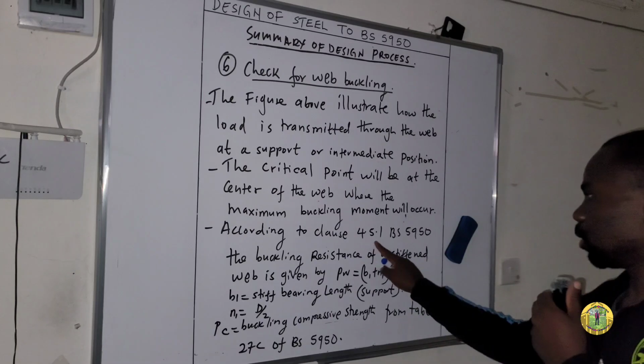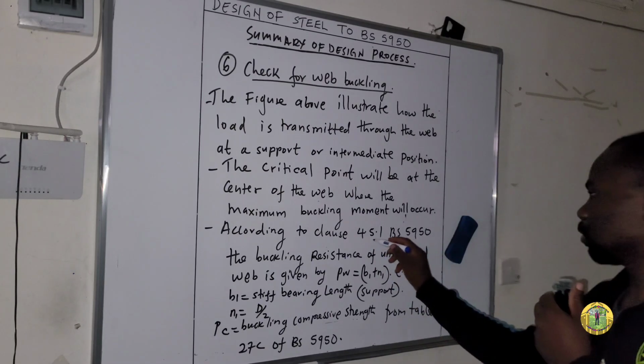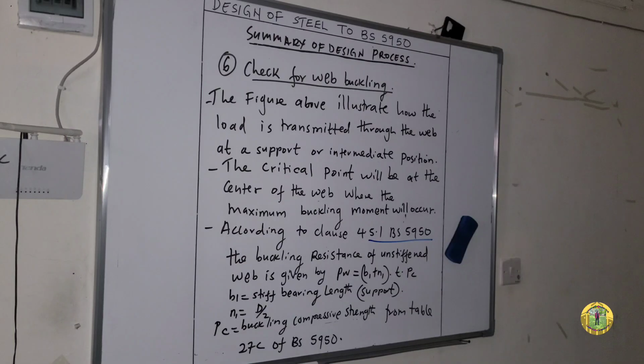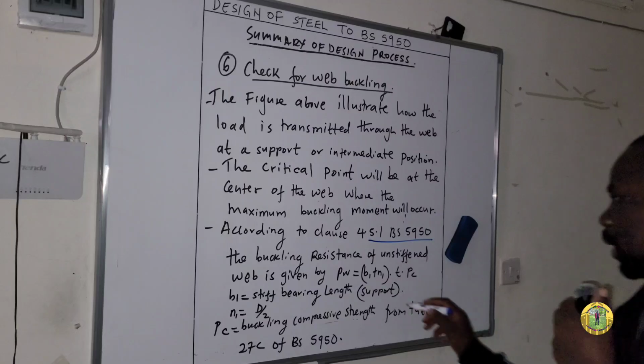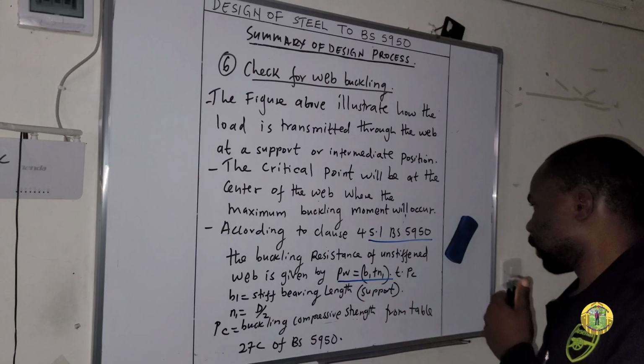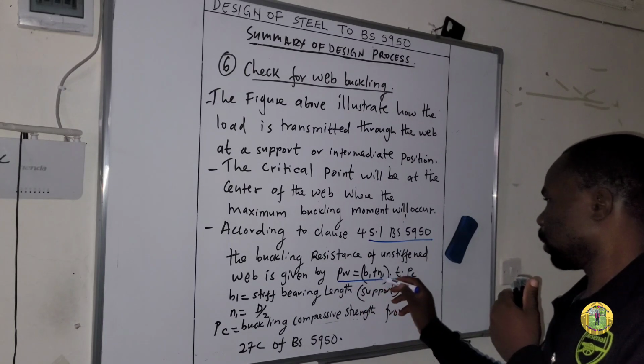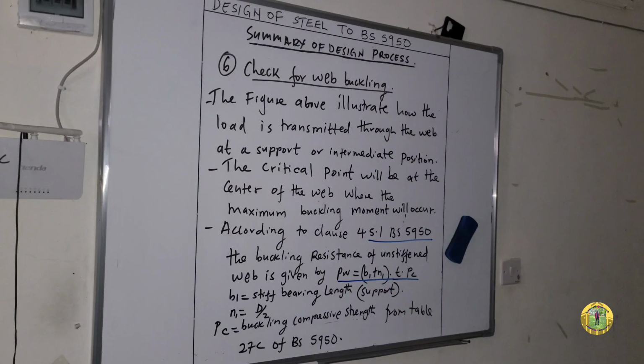According to clause 4.5.1 of BS 5950, the buckling resistance of an unstiffened web is given by Pw equals (B1 plus N1) times t times Pc, where B1 is the stiff bearing length for the support and N1 is d over 2. Pc is the buckling compressive strength from table 27C of BS 5950.